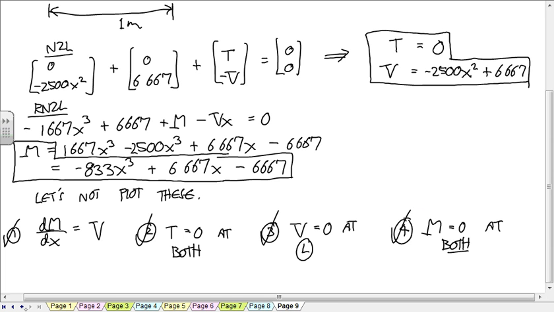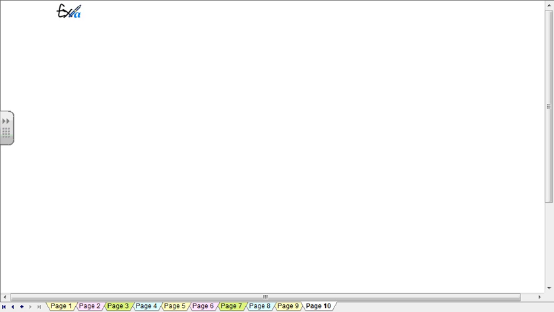Let's do one now with a triangular distributed load. So let's say it's a cantilever beam. Okay, so far so good. This is what you like to see for internal loads problems, because all of the loads are at the right endpoint, so you don't have to calculate any external loads.